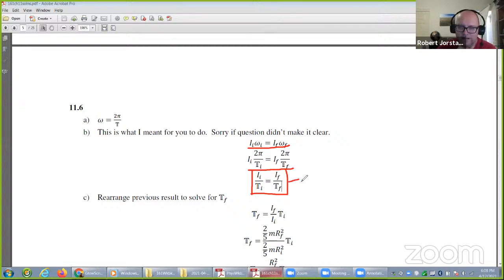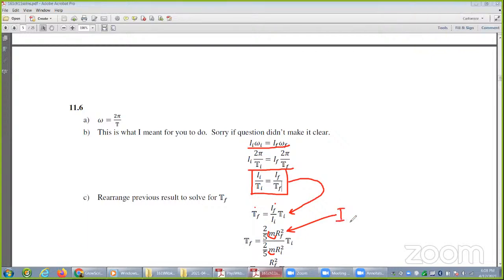Now I'm going to rearrange that and solve it for the final period because I want to analyze the final period of this star. Remember, it's changing. The mass of the star isn't changing. I'm assuming this is the moment of inertia of what shape?